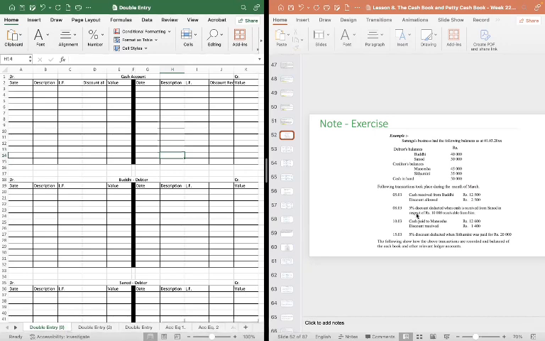If this specific question comes to the exam, we have to figure out which accounts to draw.